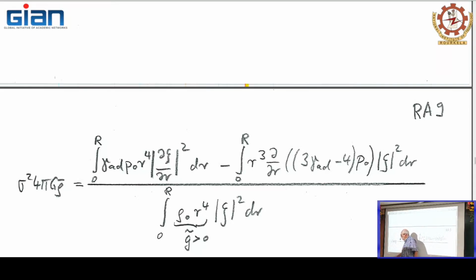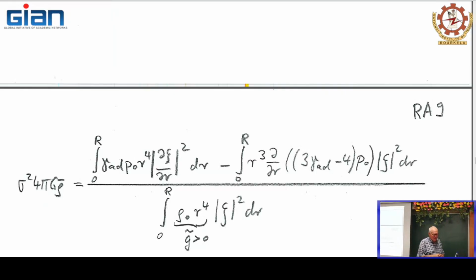So this is then a physical quantity, a physical time, because sigma squared was the dimensionless time, and for sigma squared we get a ratio of 3 integrals.